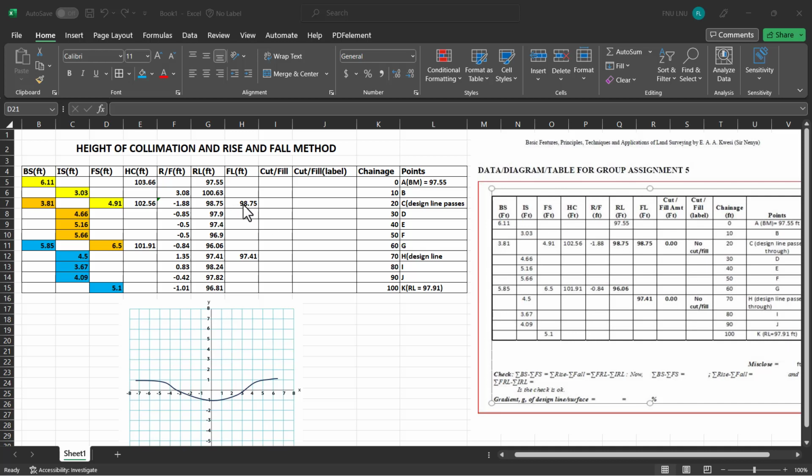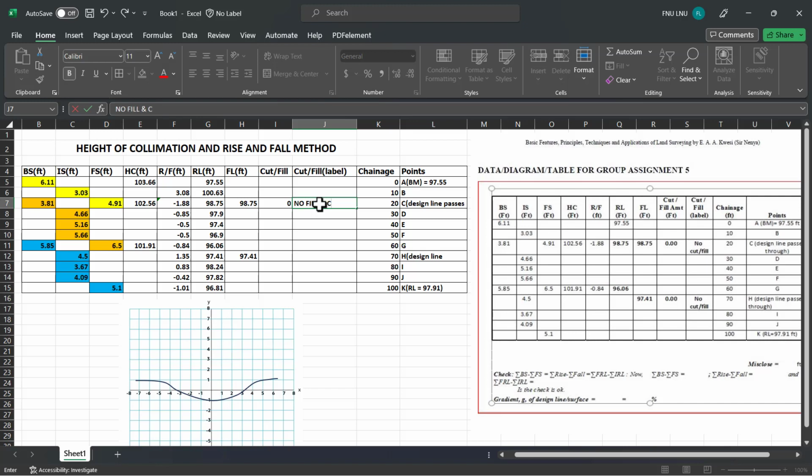So now you can see here at chainage 20, they gave out the finished level of 98.75. Now, if you subtract 98.75 from 98.75, you get a cut and fill of 0. So meaning that at this place, there won't be any fill and cut.